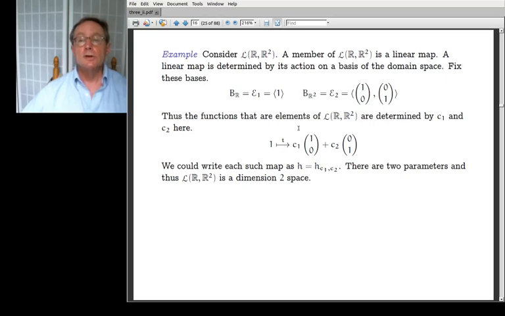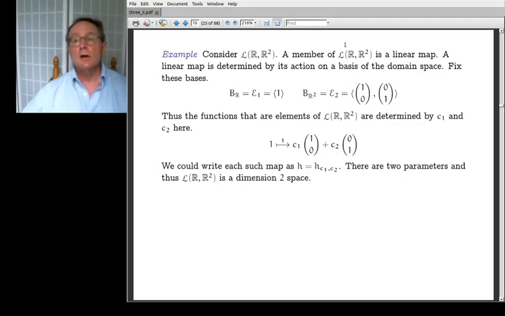And so functions are determined by where this basis element 1 gets mapped to. So you have to figure out what's the coefficient of 1, 0 and what's the coefficient of 0, 1.